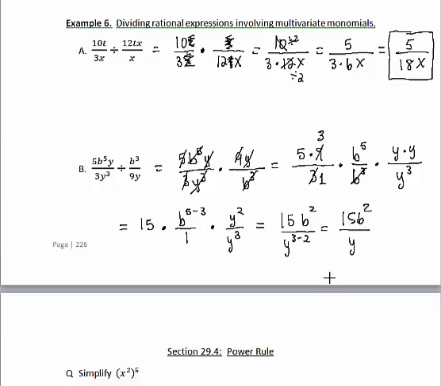And in the end, we simply have 15b squared over y. 3 minus 2 is 1. And we don't have to write the 1 above the y. We can just write a single y. And so here is our simplified quotient. And I call it a quotient because it came from the division of two fractions.